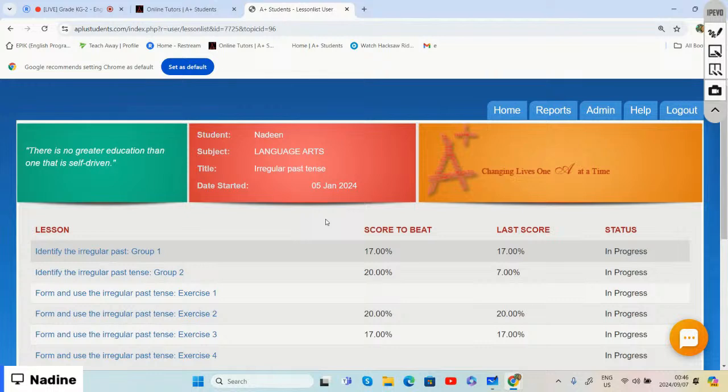And we made a few examples of words like hear or heard, fly or flew, grow or grew. So well done. This is now the end of our lesson on irregular past tense.